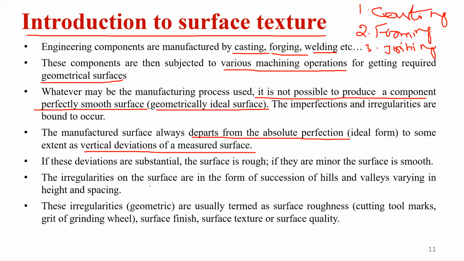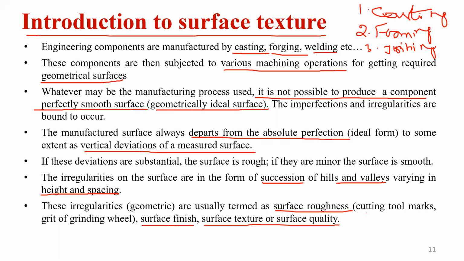The irregularities on the surface are in the form of a succession of hills and valleys, varying in both height and spacing. These irregularities are usually termed surface roughness, surface finish, surface texture, or surface quality.